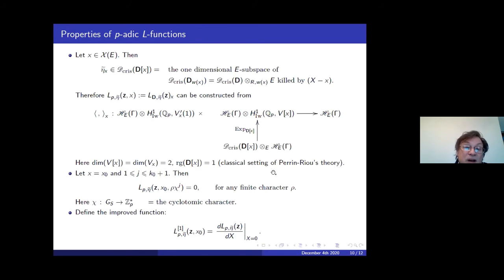So our P-Adic L-function vanishes in the critical strip.